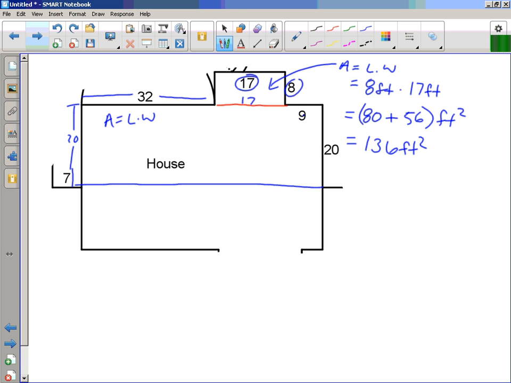So I'm going to add those together, and the area is equal to 20 times the sum of 32 plus 17 plus 9. How much is that? So 32 plus 17 is 49, plus 9 is 58. Okay, so that's going to be 20 times 58.